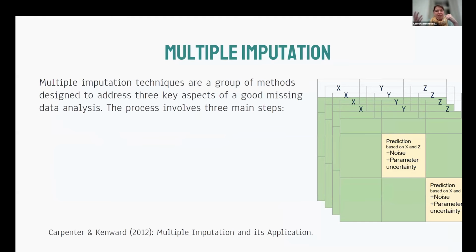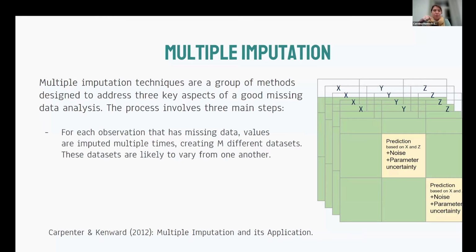This is why we call it multiple imputation: we do this process of imputing, creating a prediction and adding noise for the parameter uncertainty, not only once, but several times, typically 5 or 10 times. For every observation that has missing data, we impute the values multiple times. So the filled-in data sets will vary a little bit from each other.